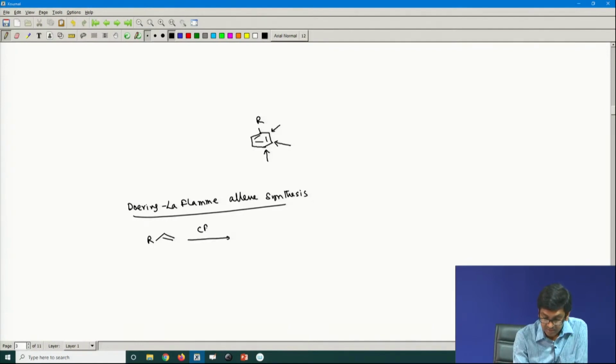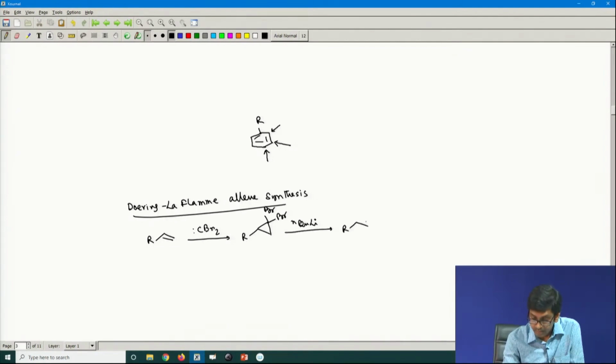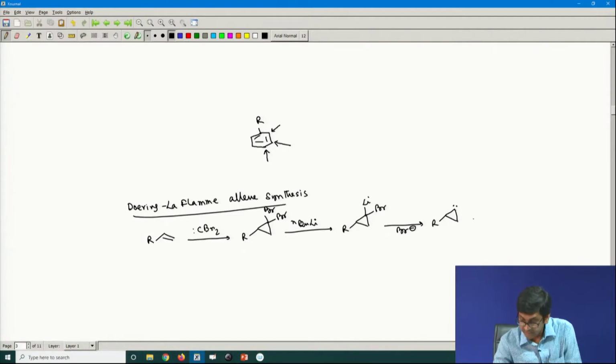So, first let us say you generate the carbene, and now this carbene can rearrange to the corresponding allene.